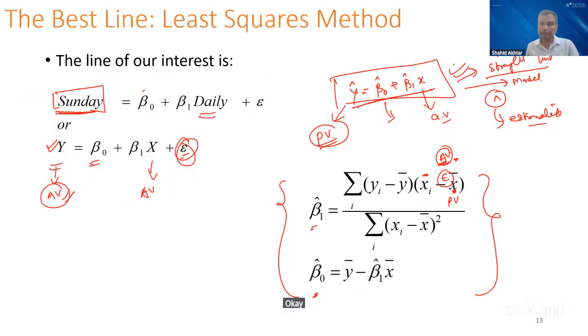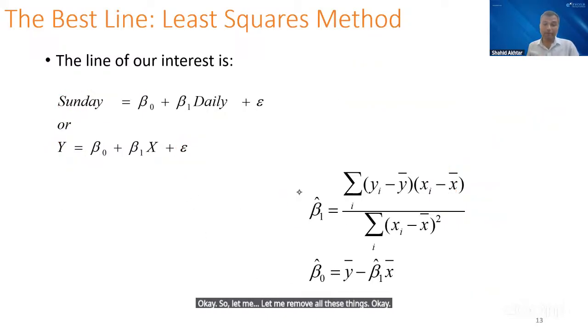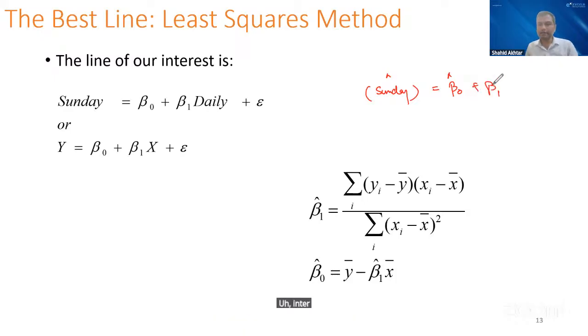Let me remove all these things. We've calculated this, and finally I'm going to say Sunday predicted. This one is my estimated intercept, and this is my slope or gradient that is estimated, and this is my daily circulation.